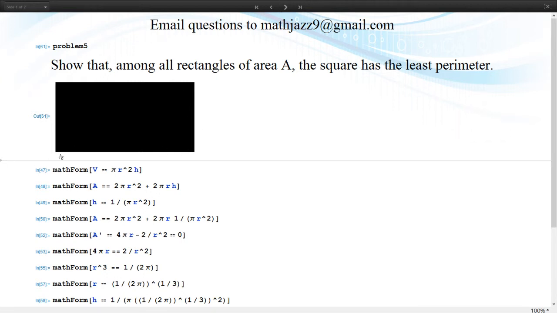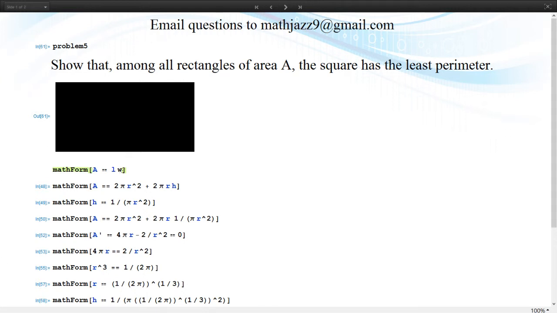So we're going to call the horizontal side of the rectangle the length, and we'll call the vertical side of the rectangle the width, just so that we can keep with the L and W thing. So the area is equal to the length times the width.